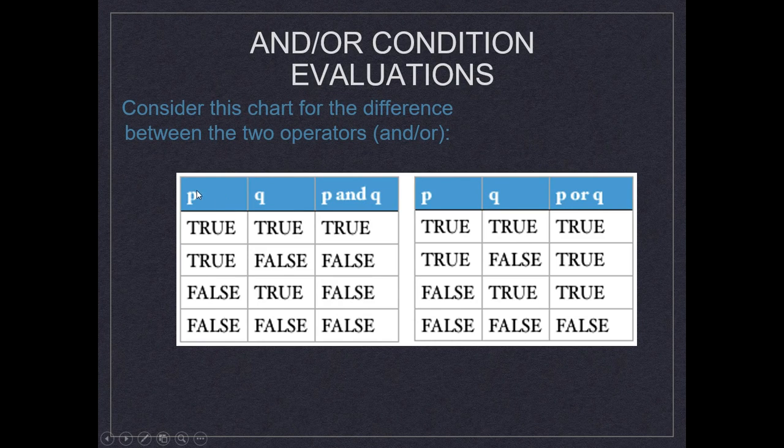I want you to think of the left side and right side of the statements inside of an if statement as P and Q. So this is kind of like, I will go to the movies and I will buy popcorn. And then we have an operator in between those statements. So these are just statements: I will go to the movies, and I will go buy popcorn.